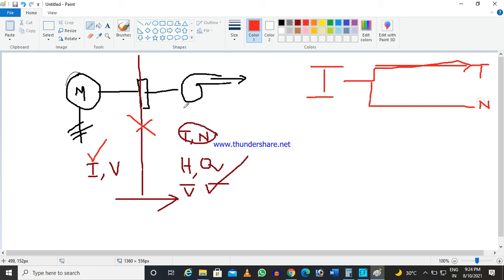Now if there is any mechanical defect in the pump, say some fault in the bearing, or the coupling is misaligned, then the pump will be demanding a variable torque.